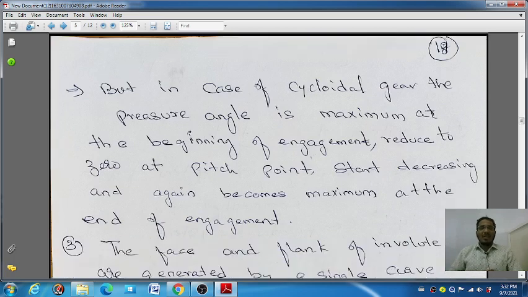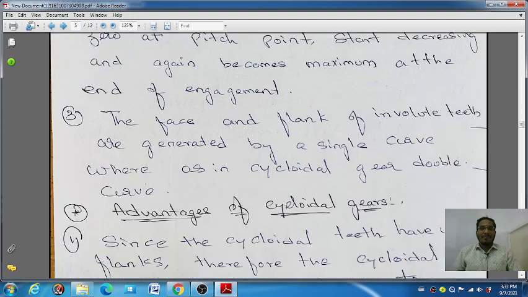But in cycloidal gears, we can see the maximum pressure angle while the gears are starting the engagement, and while they are ending the engagement, the pressure angle is reduced.